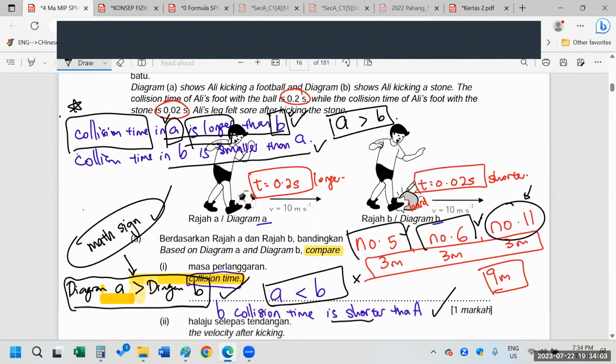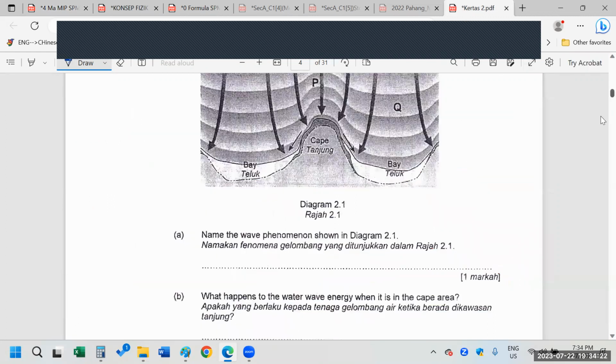I believe you all know that number 1 to 8 are called structure questions. Structure means these questions only got one answer. But essay question, let me see.